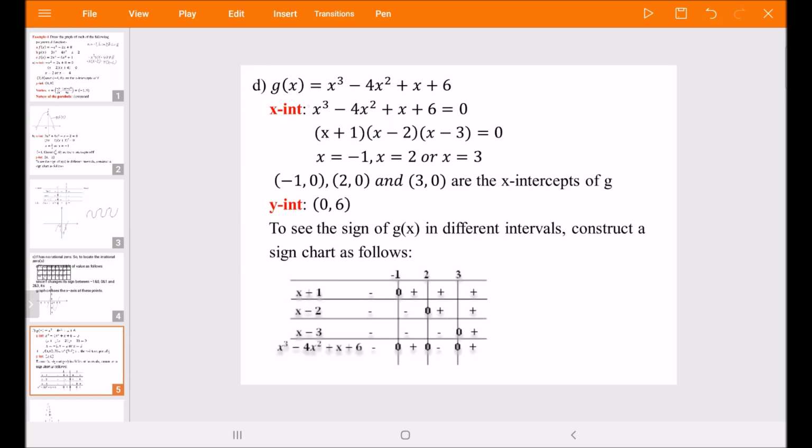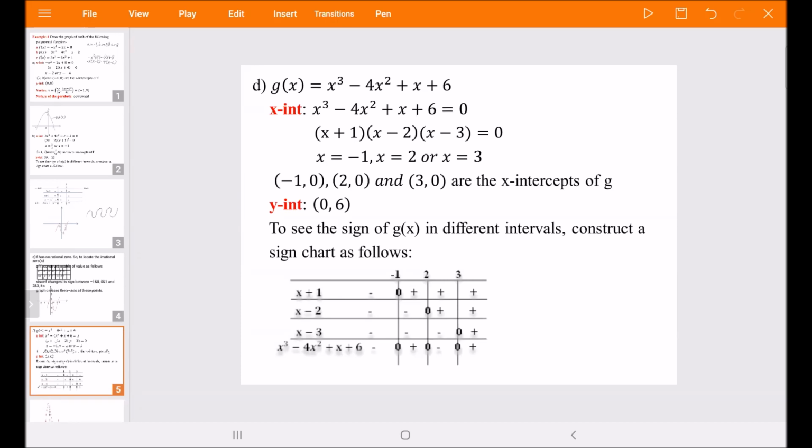The leading coefficient of this polynomial is 1. So using the rational root test theorem, list the factors of 6. Then from among the list of factors of 6, the possible rational zeros of this polynomial g of x will be obtained. The factors of 6 are plus or minus 1, plus or minus 2, plus or minus 3, and plus or minus 6.